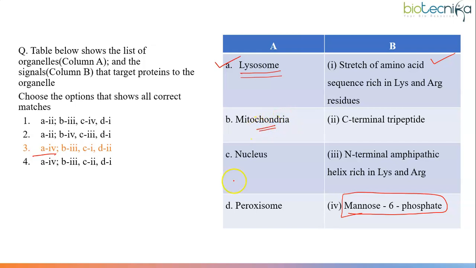Mitochondria and nucleus. If you take into consideration what is the similarity between them, they have an amino acid sequence that is common.